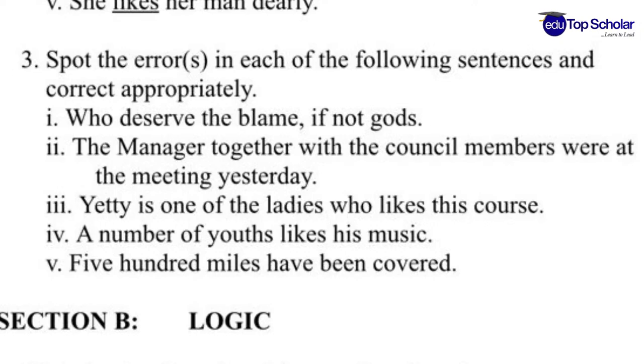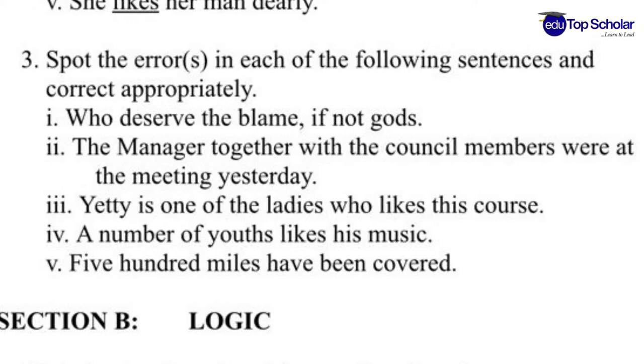So measurements are always treated as singular subjects whenever we use them. 500 miles has been covered. Just like 5 days is not enough to do the job. Not because we have days, then you think it is a plural subject. No, it is a singular subject.